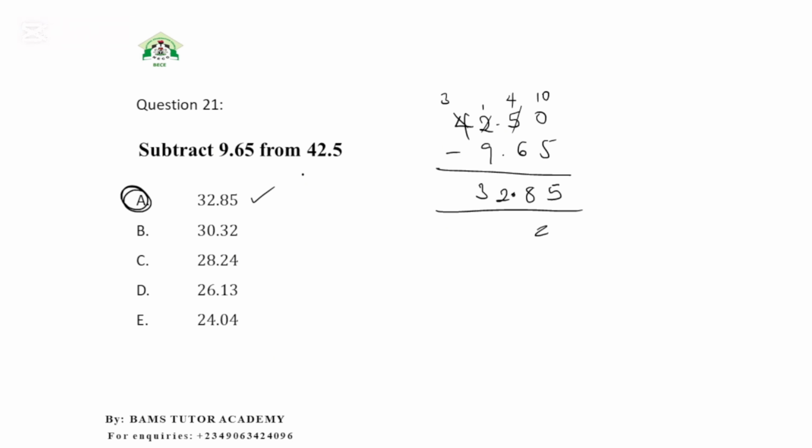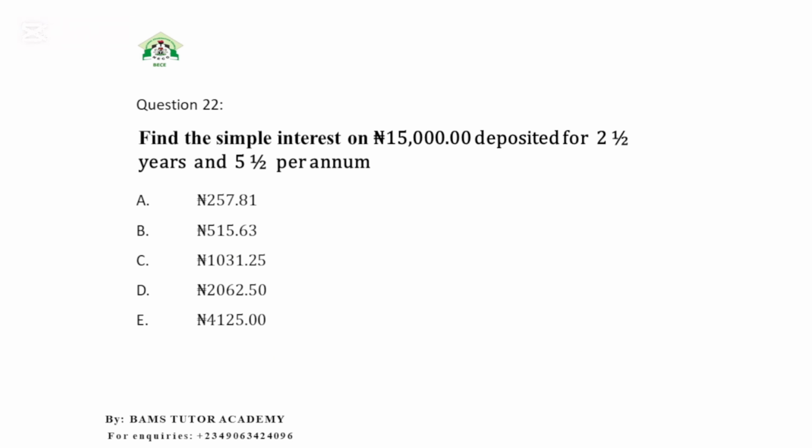Yeah, I hope you enjoy yourself. So let's go to 22. Find simple interest on 15,000 deposited for 2.5 years at 5.5 per annum.